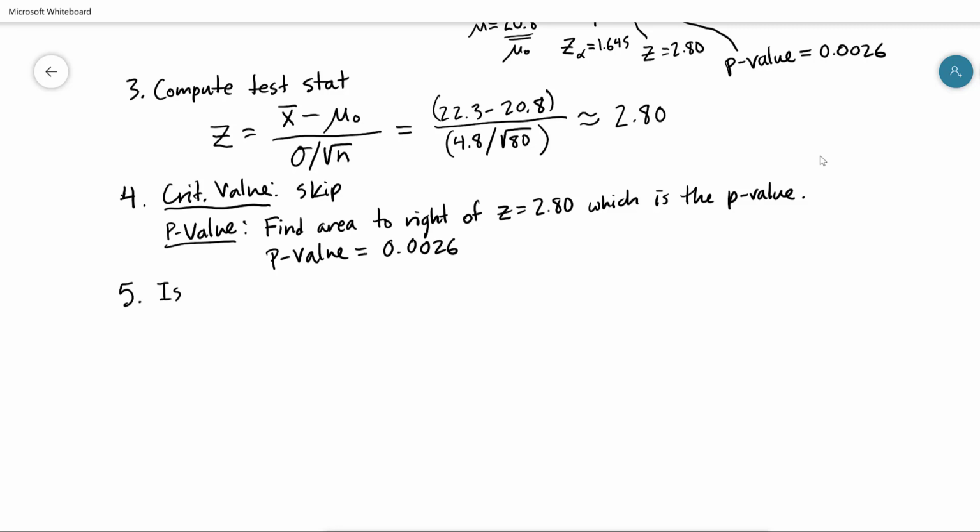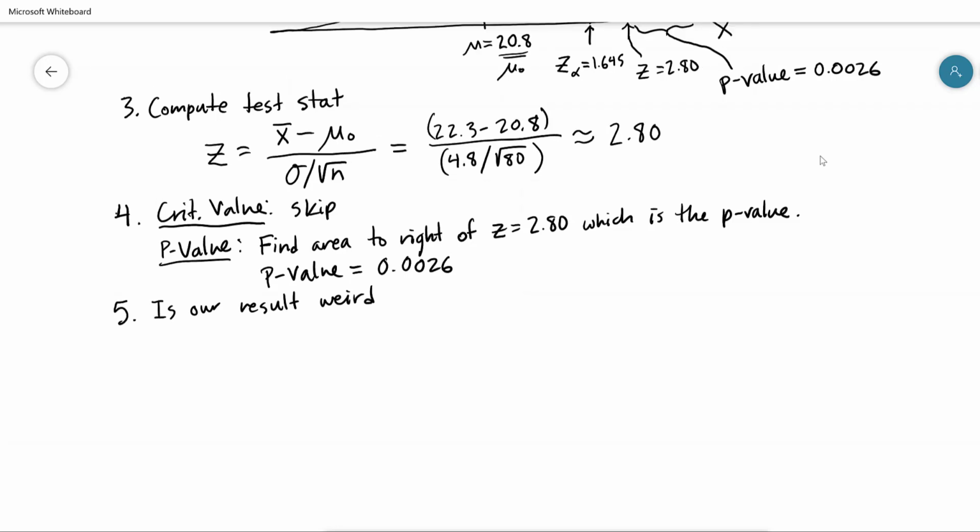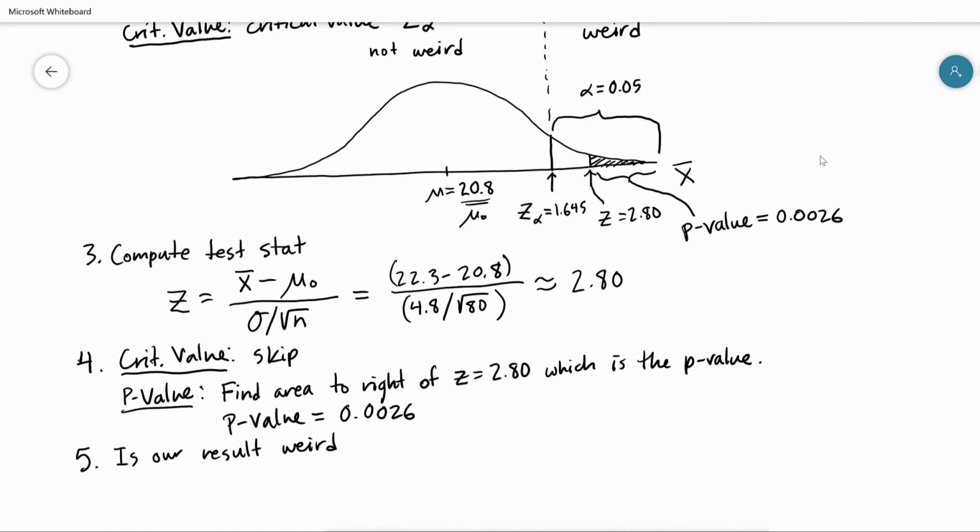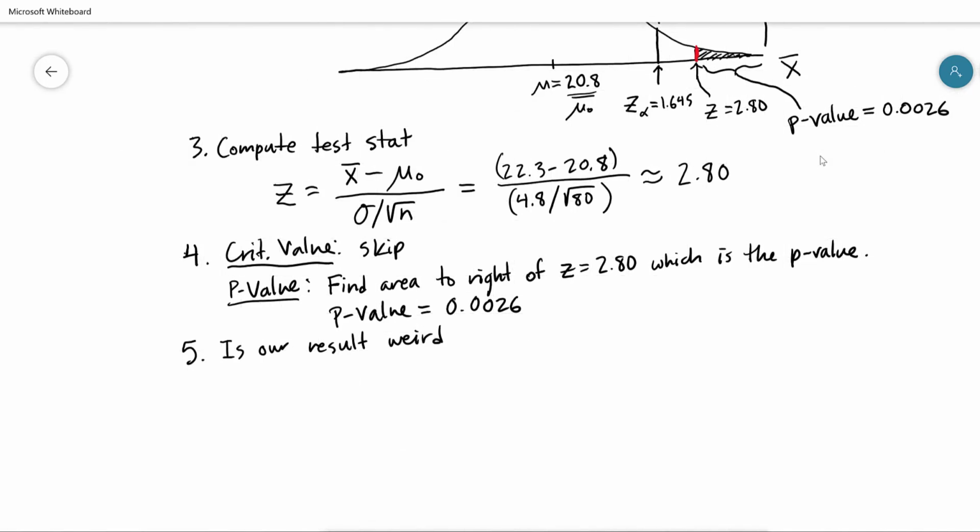So is our result weird? Well, we can tell from the picture clearly. Here's where our result fell, right here. Let me do it in another color, right here. That's definitely in the weird region. So the answer is definitely yes.